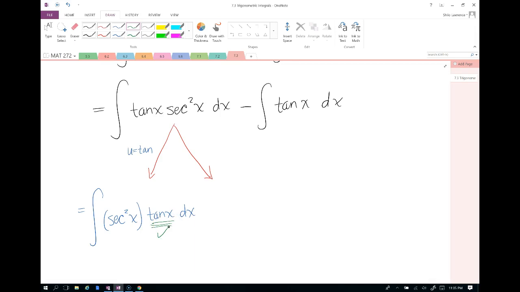The other option would be to do a u substitution for secant. And the derivative of secant is secant tangent. If you compare that to your original, the only thing I have not used yet is a second secant.